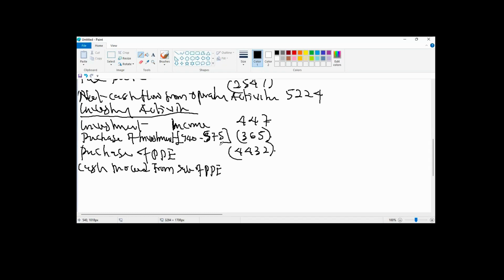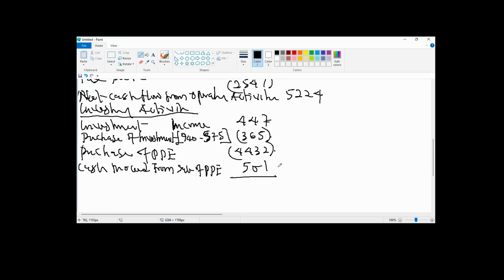Sorry, I thought it was 740. Buy or sell of PPE is there. Disposal of investments is not there, because they did not dispose, they only bought more.